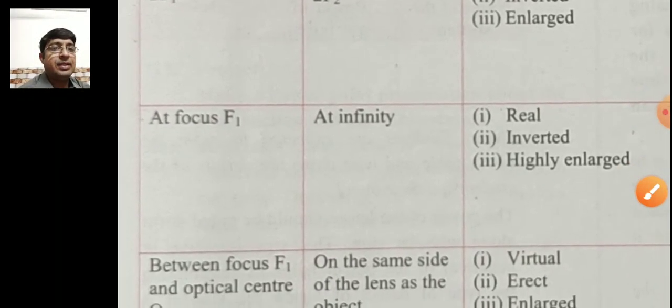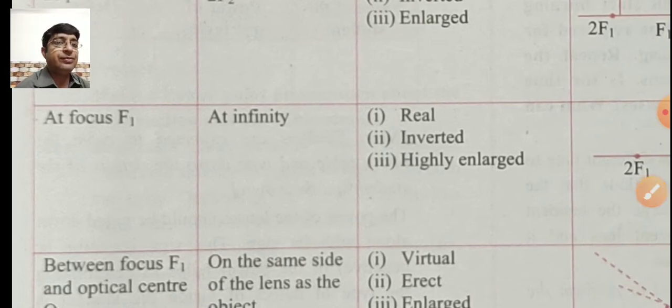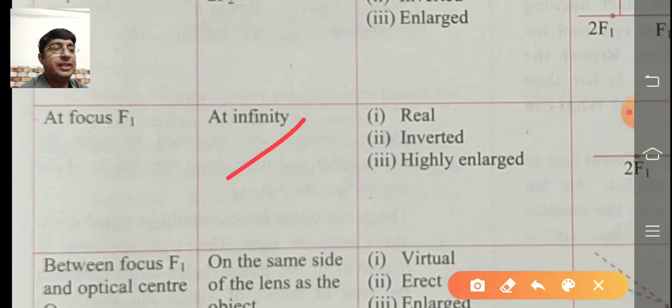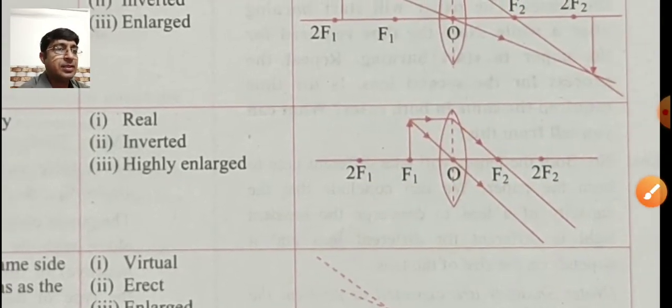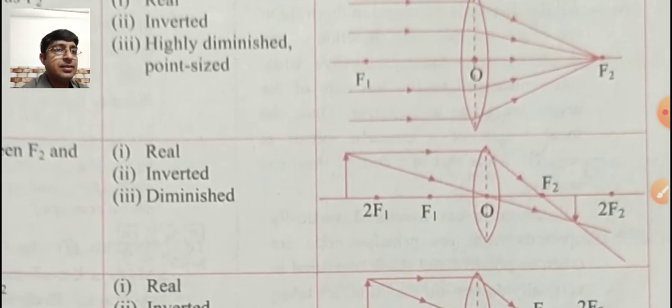Next one, when the object is at focus f1, our image is formed at infinity, exactly the opposite diagram of the first one. The nature is a real, inverted and highly enlarged image. Check there. What was in the first?